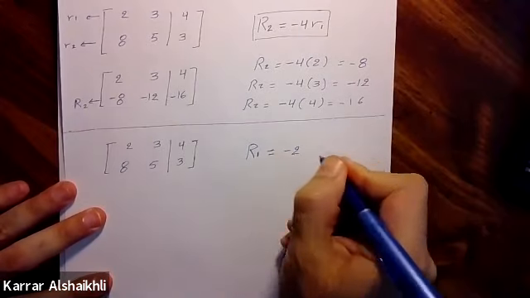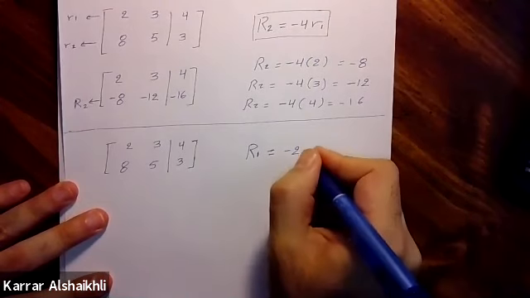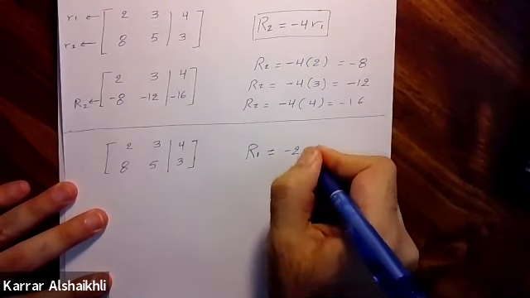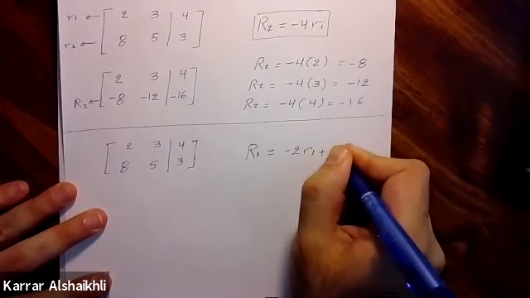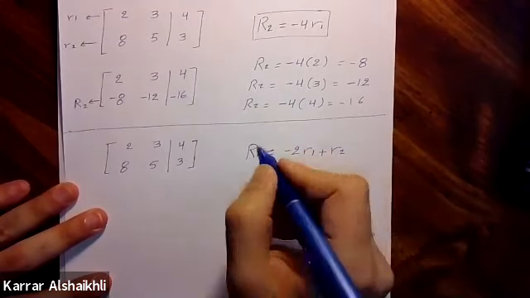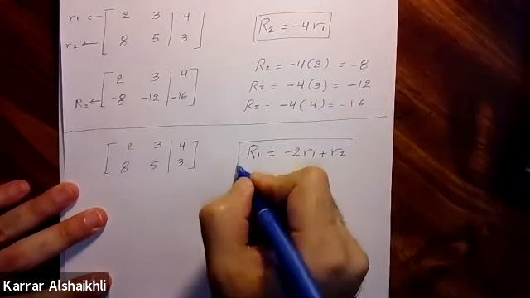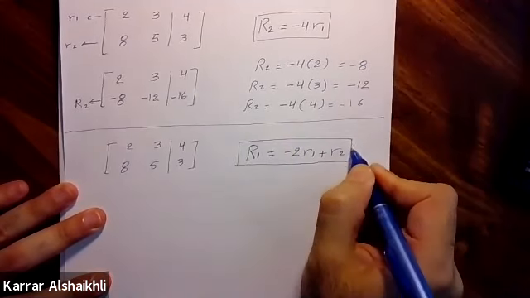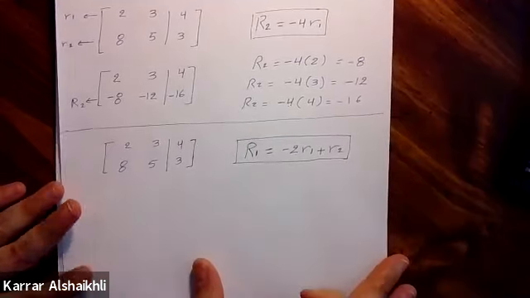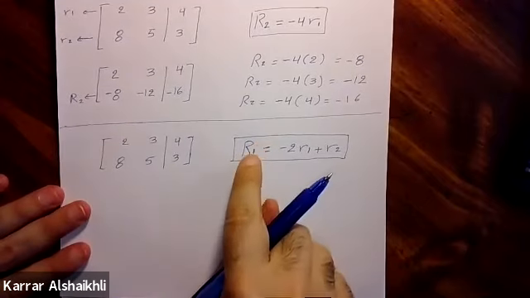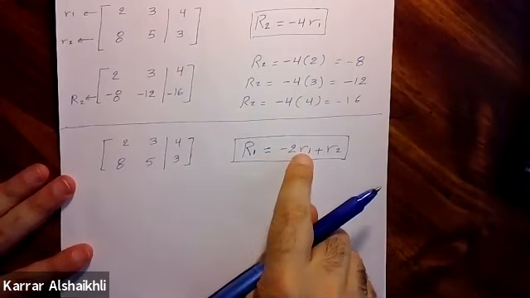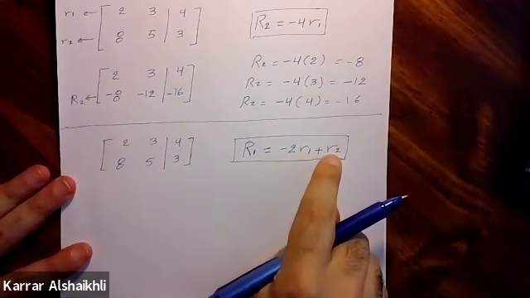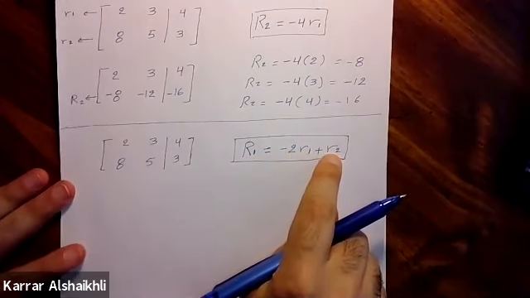By multiplying negative 2, this is the rule, by R1 and adding to the R2. Now this is the rule. I need to get a new R1. How? By multiplying negative 2 by the old R1 and adding it to the row 2.